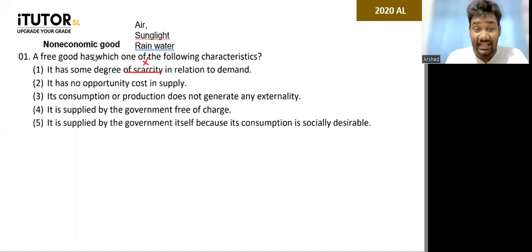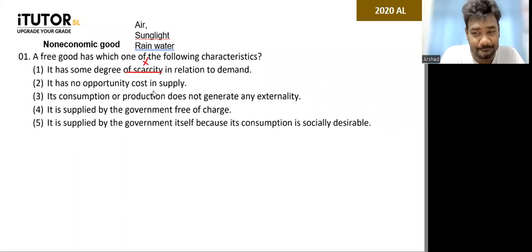Then they are saying it has no opportunity cost in supply. Opportunity cost is where, when you have to produce that good, you have to forego something else. Some scarce resources have been used to produce that; because you produced that, you couldn't produce something else. So there was opportunity cost. For these type of goods, is there an opportunity cost in supply?